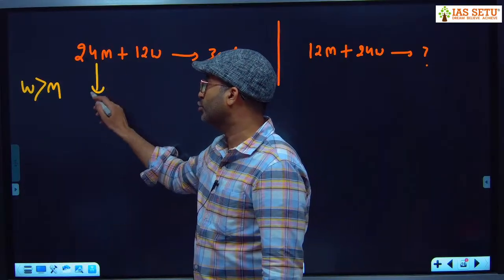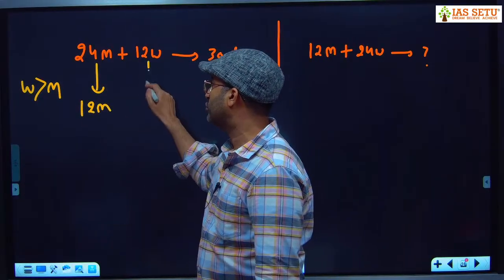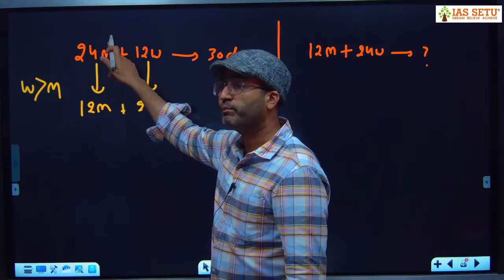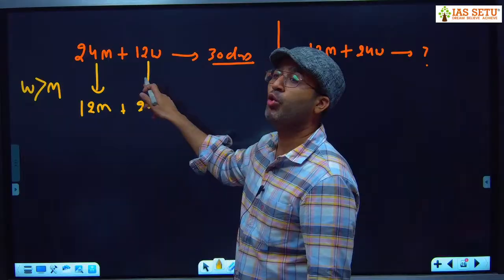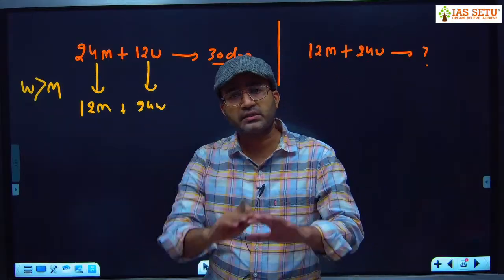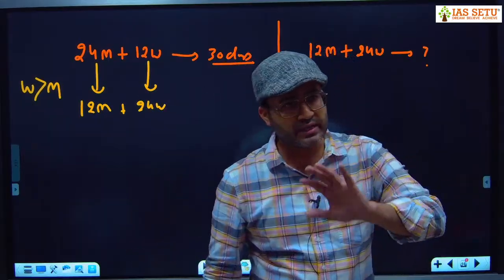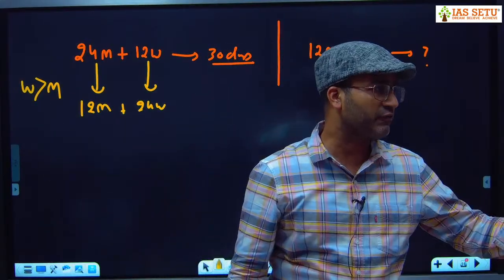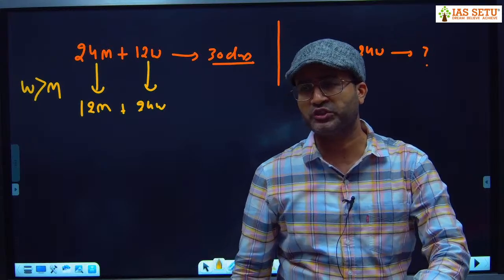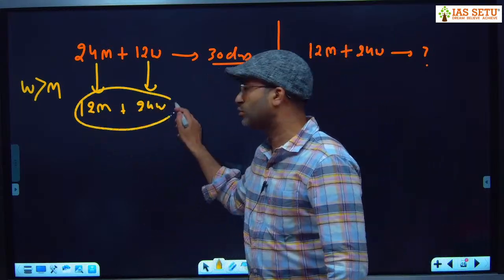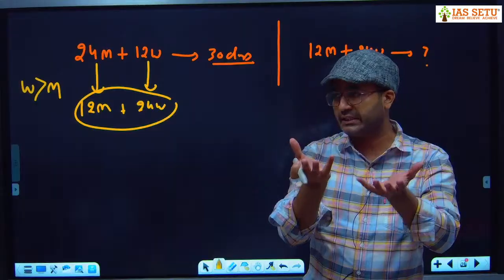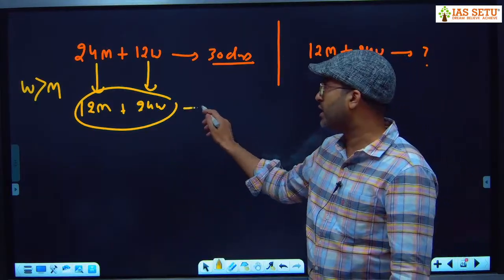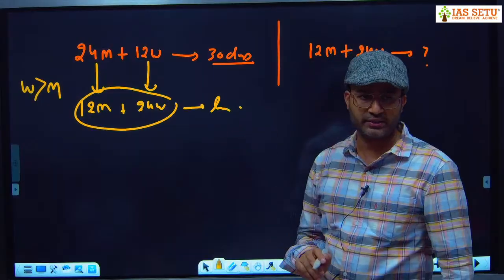Now here you replace 12 men with 12 women, so you have 24 women. मतलब you replace less efficient person with more efficient. आपने क्या किया? सिस्टम को सुधारा. लेस एफिशिएंट हटाते गए, मोर एफिशिएंट डालते गए सिस्टम में. लेस एफिशिएंट पर्सन रिप्लेस बाय मोर एफिशिएंट, तो ओवरऑल एफिशिएंसी ऑफ योर ऑर्गेनाइजेशन विल इंक्रीज. इफ एफिशिएंसी विल इंक्रीज, इट विल टेक लेस टाइम. Then your answer will be less than 30 days.